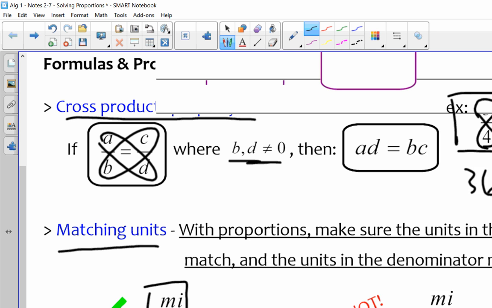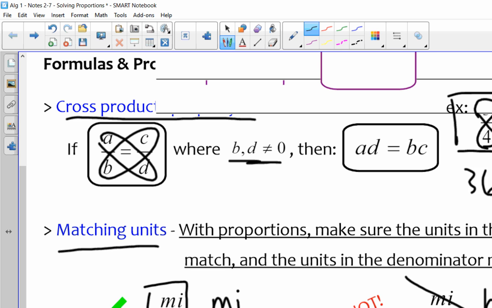And you have some control over this. But if I set it up miles over hours and I have to set up the other ratio, I need to make sure that the units match top and bottom. Okay. So I need to make sure I do that. And I don't flip it to the other ratio. Okay, so not doing that.